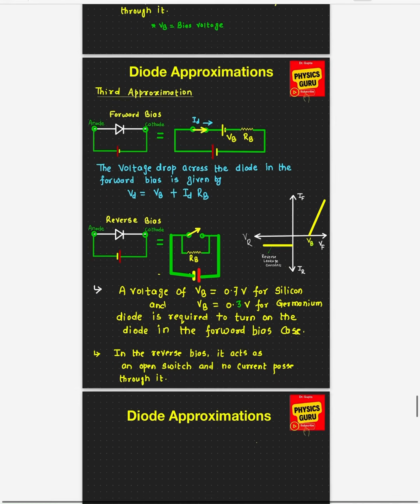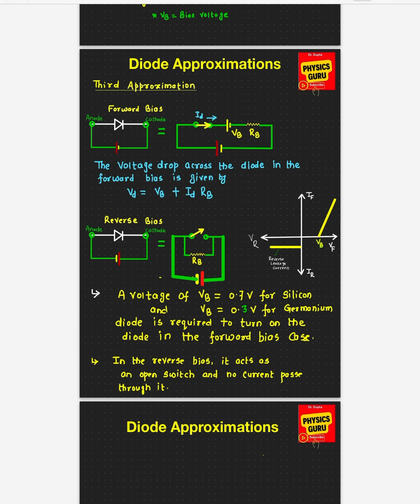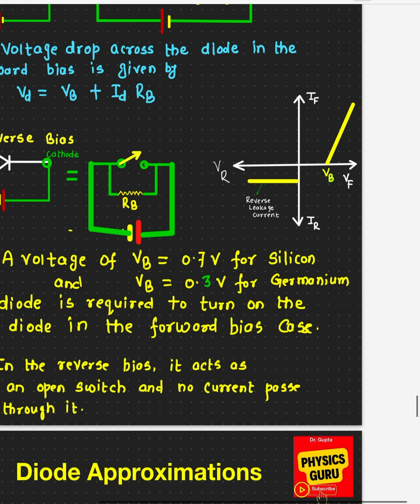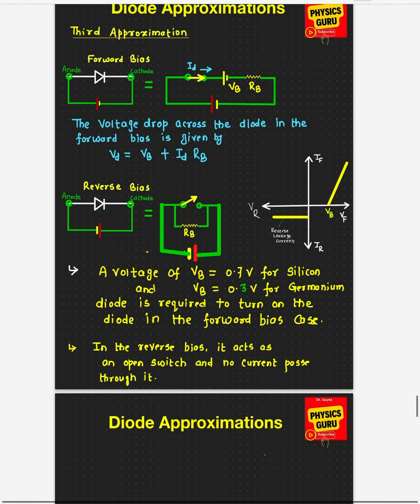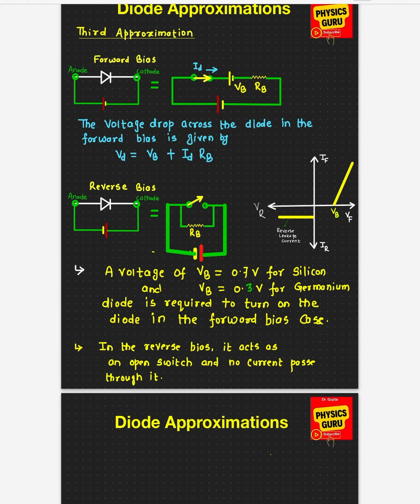In the first and second approximation, this current was zero, but in the real world, when you take into account the resistance of the diode itself, there will be some amount of current passing through the circuit, and that current we call the reverse current or the leakage current.